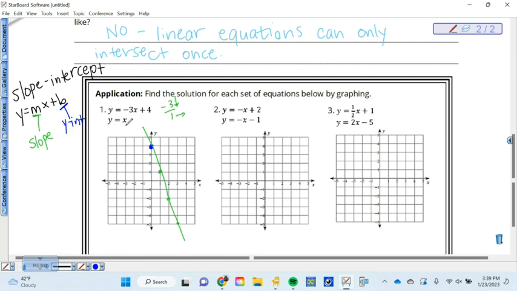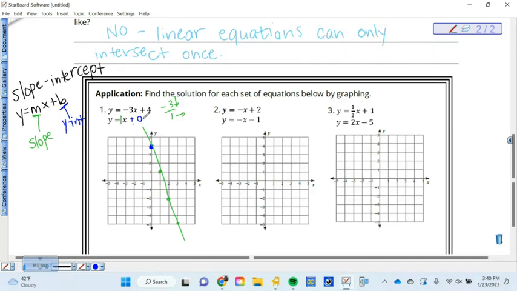I have to graph my second equation, don't I? What's my slope of this second equation? Yeah, 1. And what is the y-intercept? Yeah, it's 0, at the origin, right? When we don't see a y-intercept, we can assume that we have that +0 there, an invisible +0.